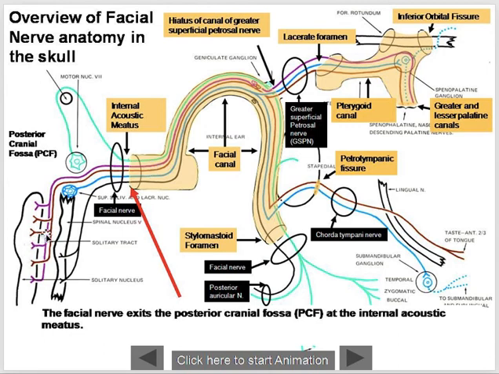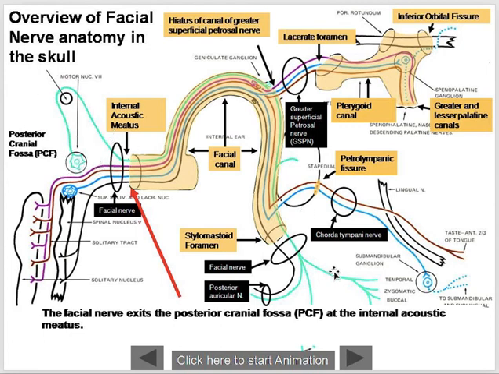So this is carrying the special sensation, right? Now one more thing, this is the facial expression one, which gives all the branches after coming from the stylomastoid foramen. If you track this color all the way back, you will reach the motor nuclei, right?